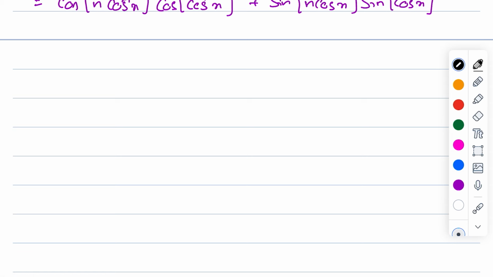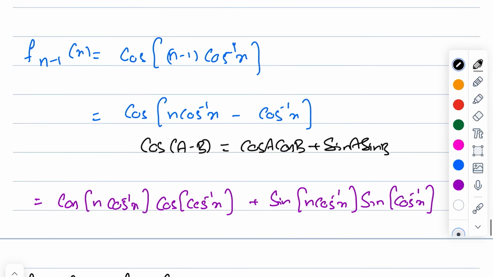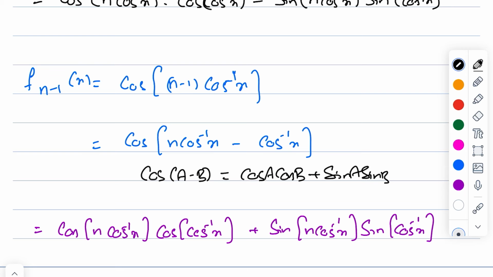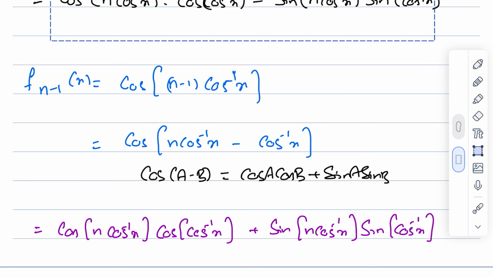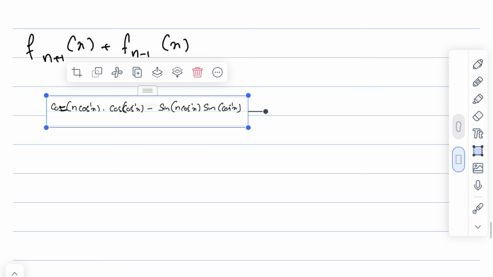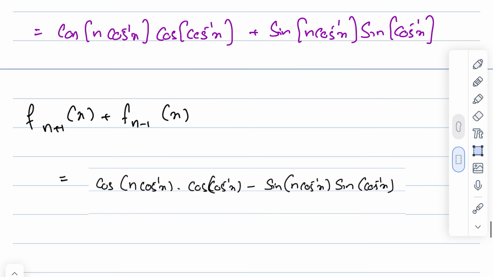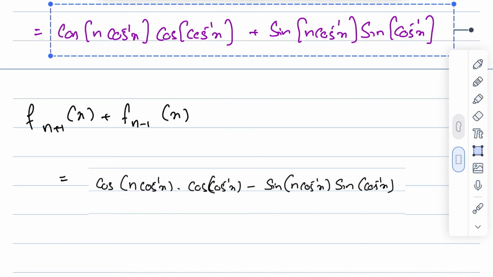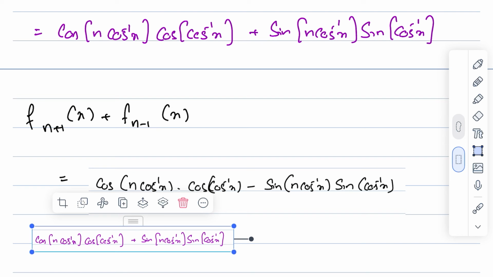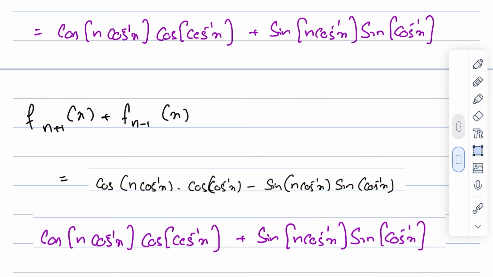Now we are supposed to add both fn plus 1 of x plus fn minus 1 of x. When I add this one, let me copy them down. This is fn plus 1 of x value. I copy paste over here and add it with this one.